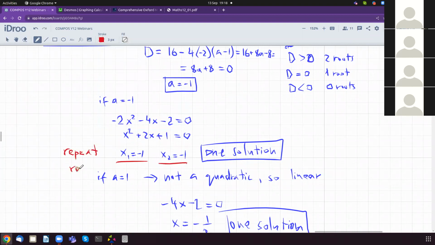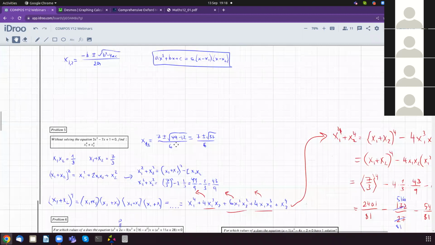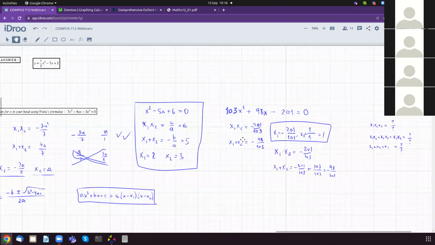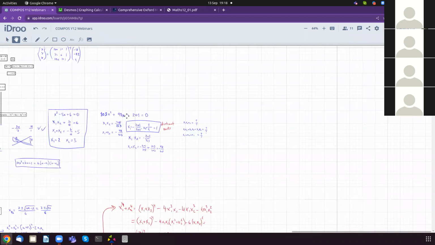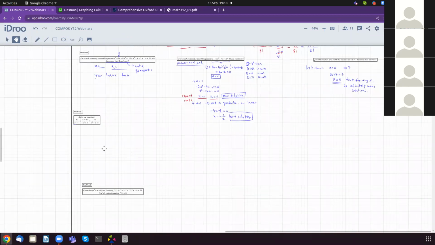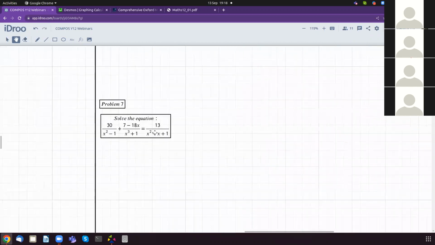And here, somewhere here, these are distinct roots. Okay, we've got 12 minutes left and we've got two problems.